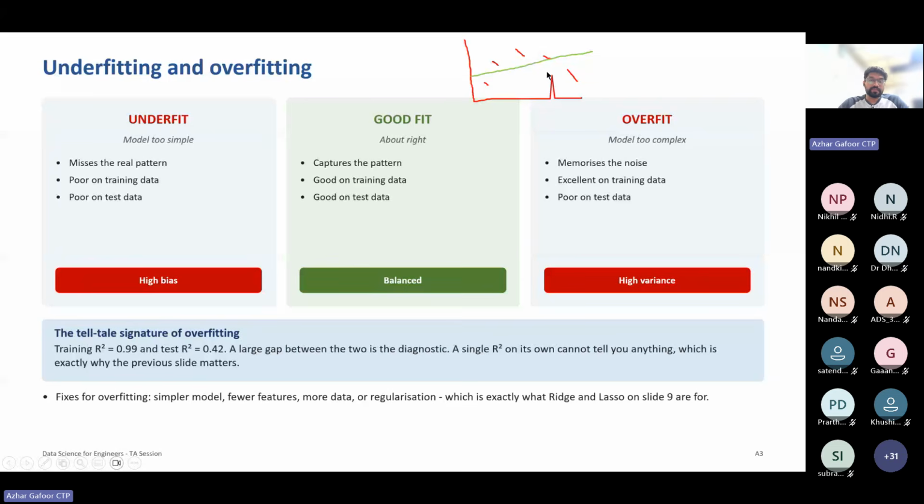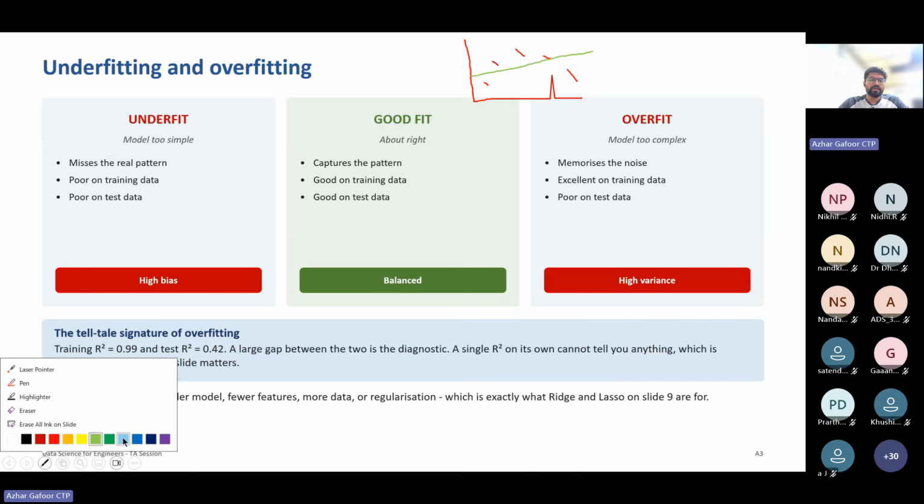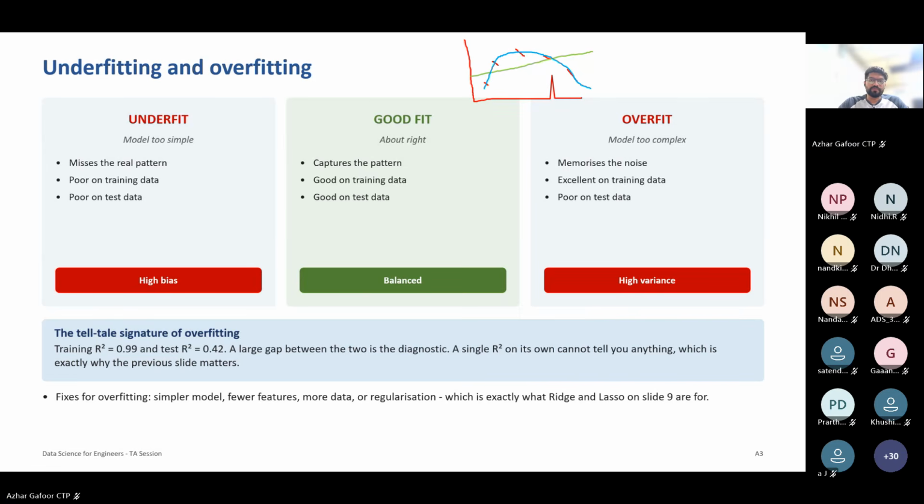But let's say we have some knowledge and we increase our model to second order and get a good model. That means our fit is okay, it captures the patterns, and it does well on both training data and test data.